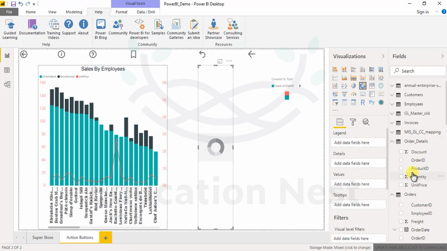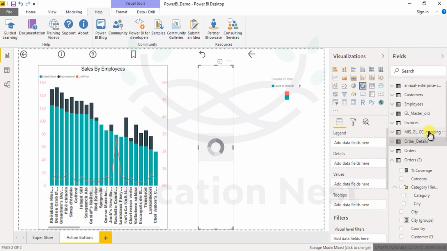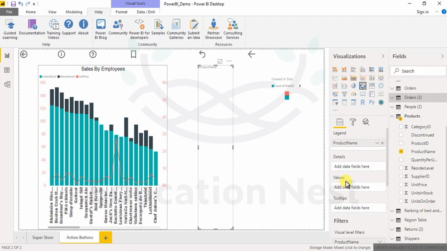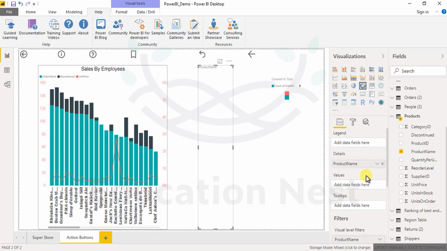Let's have a donut chart of, I don't want orders. Let's have a look at products. Let's have a product name. This is the value. This is showing all the products. We would like to have details of product and unit price, probably in this fashion.